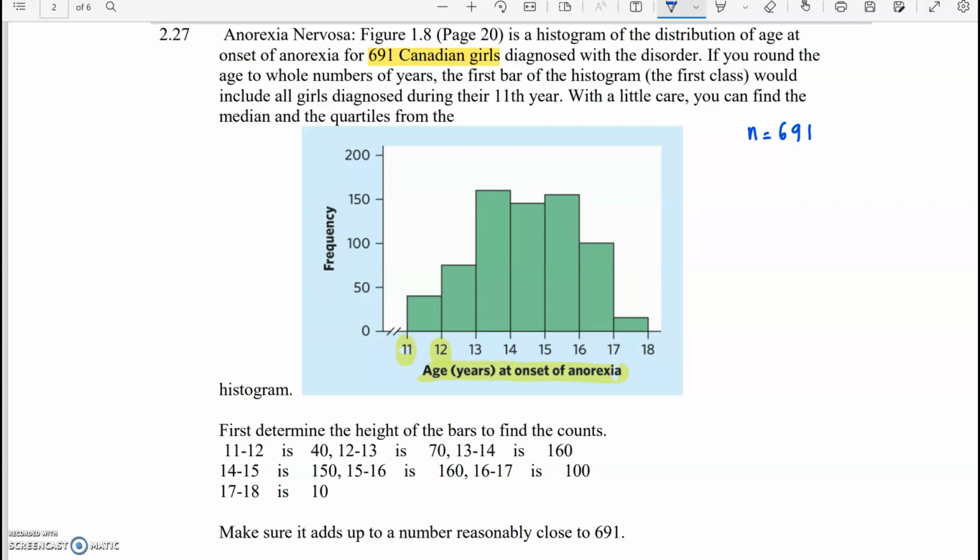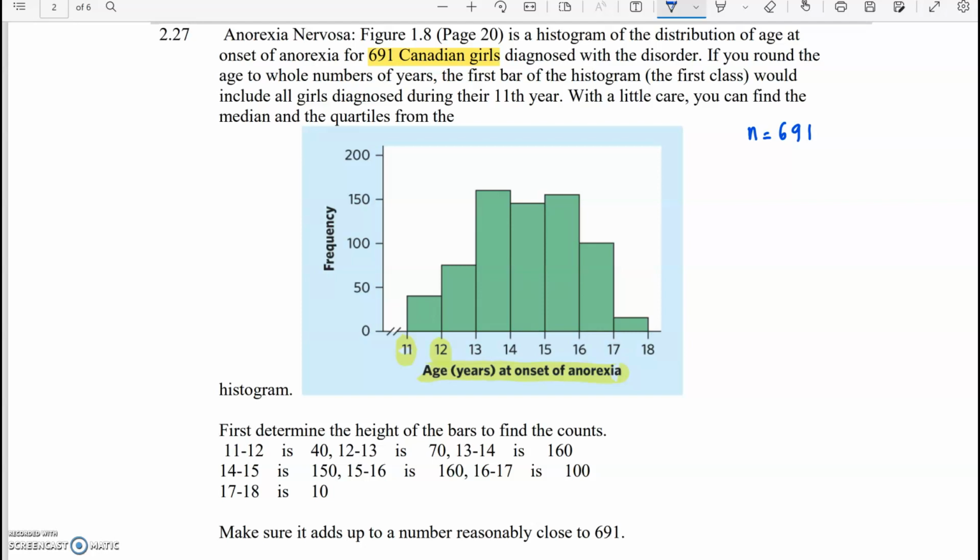The x-axis gives the age at the onset of anorexia. So age is in years. It's either 11, 12, 13, 14, 15, 16, up to 17 years of age. And the height of the bar is the number of girls in that particular age group.